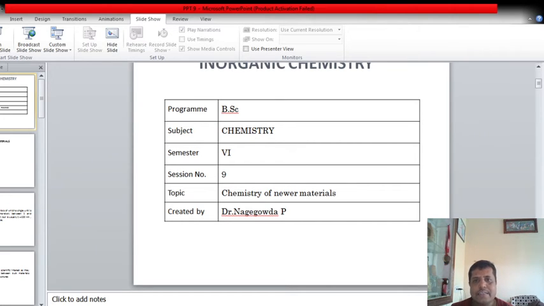Sol gel is a chemical solution process used to make sheet like thin films, like ceramic and glass materials, fibers, films, and powders. I already told you sol stands for solution and gel stands for gelatin.